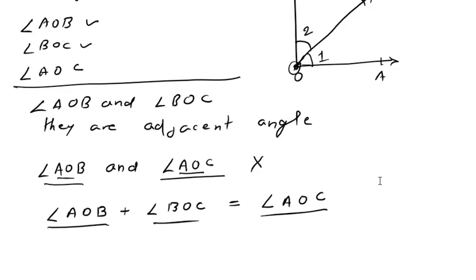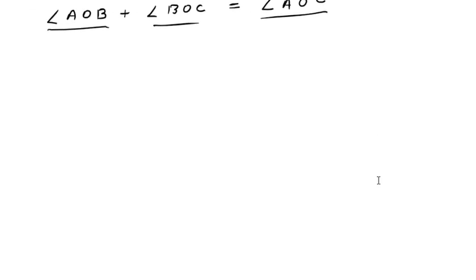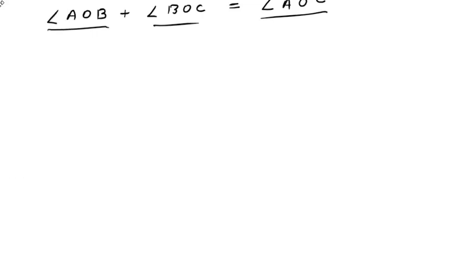Okay, there are three conditions you have to check for angles to be adjacent angles. Now let us see again a very important topic called angles in a linear pair, or linear pair angles. Now what do we mean by linear pair angles?